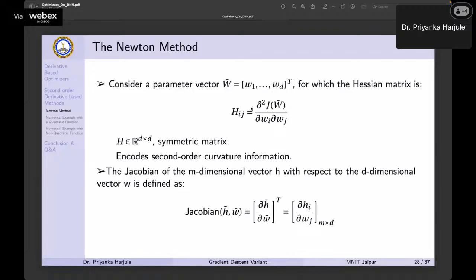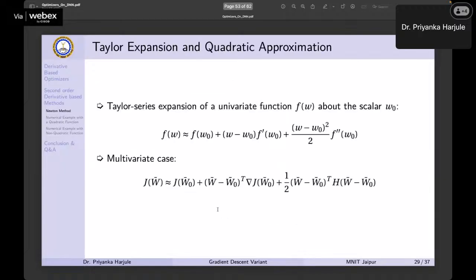We can write the quadratic approximation of the loss function in the Taylor series expansion, given by f of w naught plus w minus w naught times f dash of w naught plus w minus w naught the whole square by 2 times f double dash. This is the single variable case, and the multivariable case is expressed in terms of the weight matrices, the weights and the Jacobian.